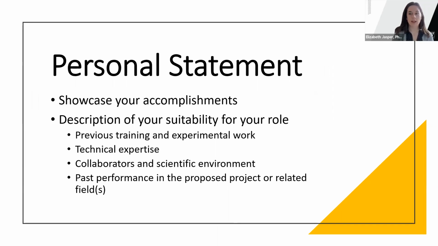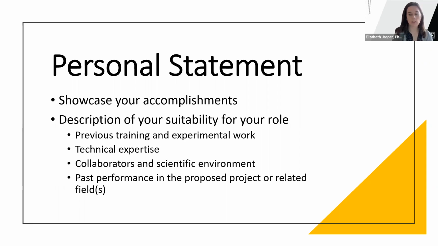The next section, section A, is the personal statement. The personal statement allows you to showcase your accomplishments and briefly describe why you are specifically well-suited and uniquely qualified for your role on this grant. So relevant factors for the personal statement section could include aspects of your training, your previous experimental work on a specific topic or related topics of the grant, your technical expertise, your collaborations or scientific environments, and you really want to note if you've worked with your co-investigators prior to this application.